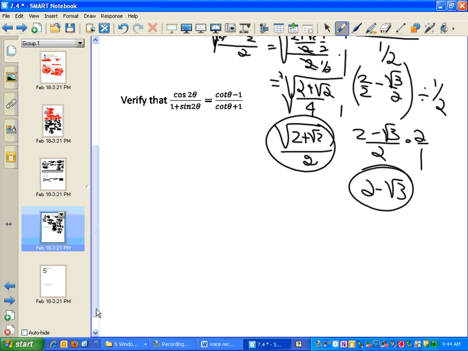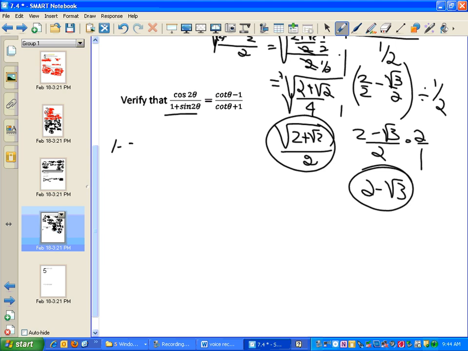Cosine of 2 theta. How do we write the cosine of 2 theta? So look what I have down here. What do I have down here? So I would probably want to use a sine one.